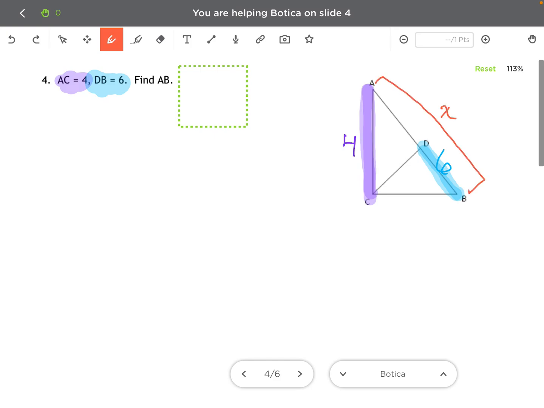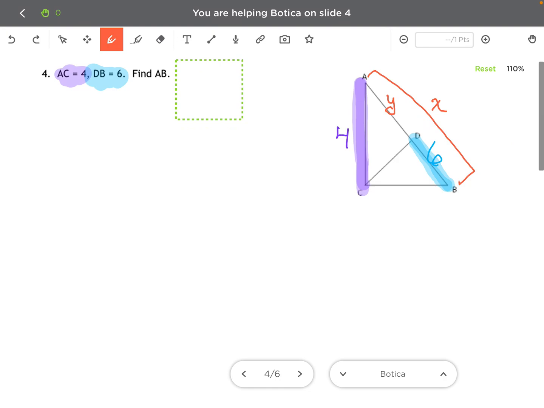In order for us to find AB, we first have to find AD, so I can call that Y if you want to. But the first thing you have to do if you're using similar triangles is pick out the triangles that you're going to be working with.